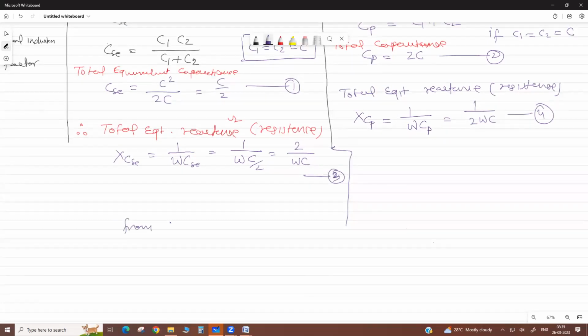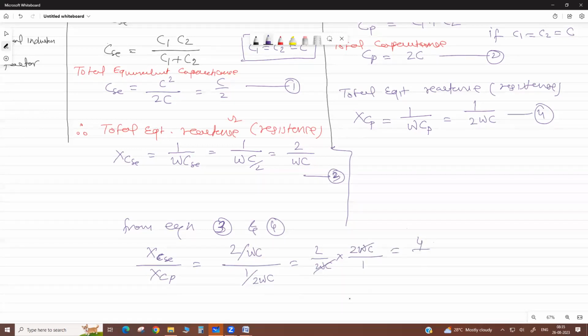Now from equations 3 and 4, if we divide the reactance in the series circuit by the reactance in parallel, this value is 2 by omega C and this value is 1 by 2 omega C. So we change it into 2 omega C by 1, omega cancels, it is 4 raised to 1.